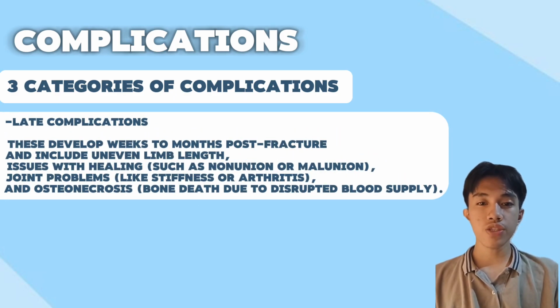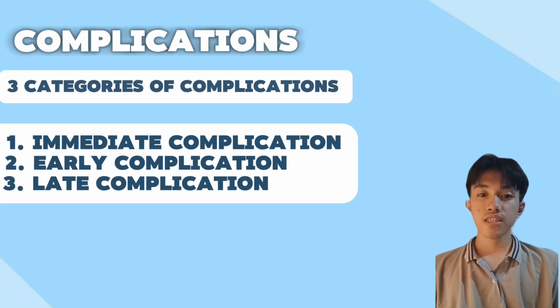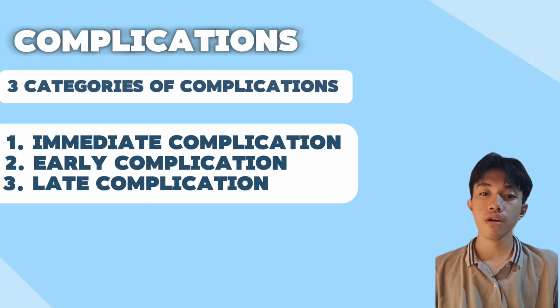These develop weeks to months post-fracture and include uneven limb length, issues with healing, such as non-union and malunion, joint problems like stiffness or arthritis, and osteonecrosis, bone death due to disrupted blood supply. Effective management of these complications is essential for optimal recovery and function.